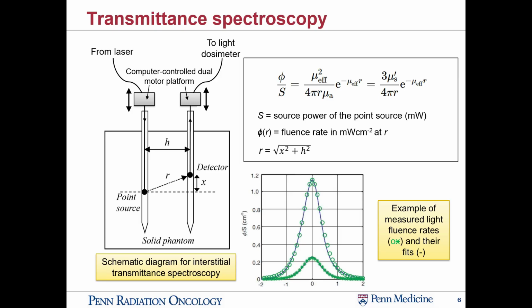And the profile actually measures the absolute fluence rate as a function of distance from the point source, which is located at the center. And from this value, the absolute fluence rate per power of the source, which is known, one can determine the optic properties for these point source conditions.